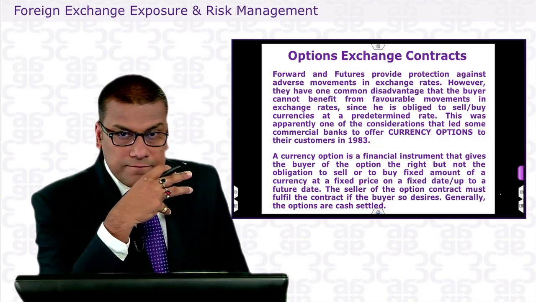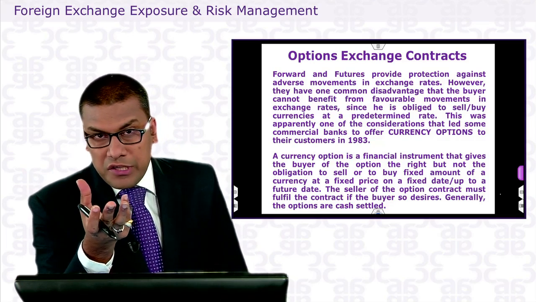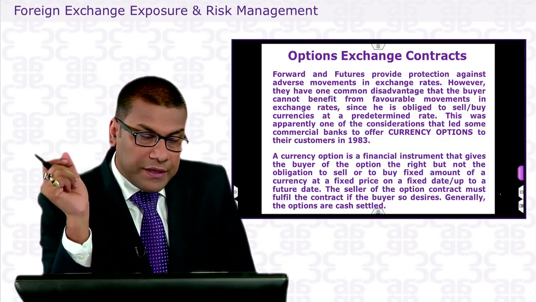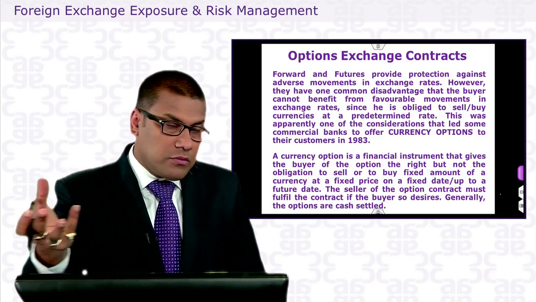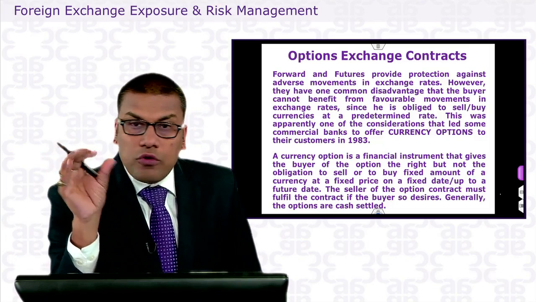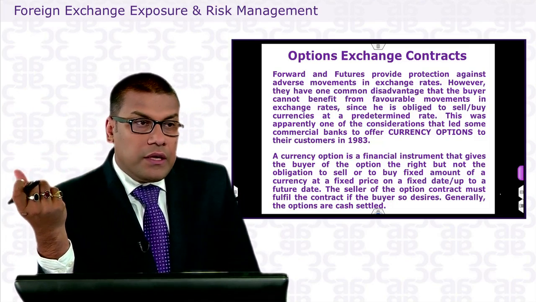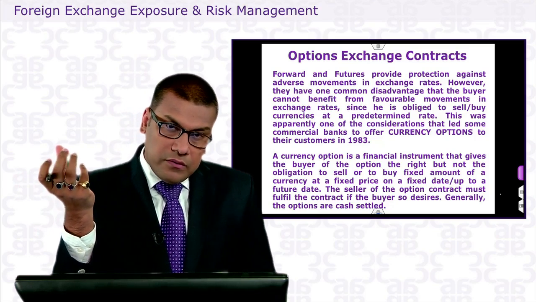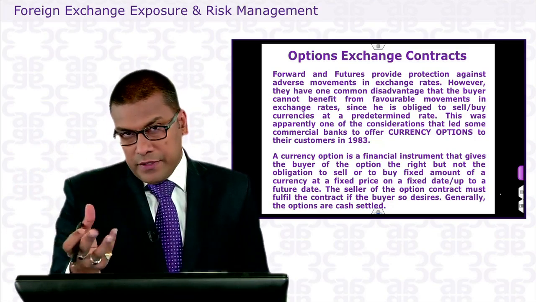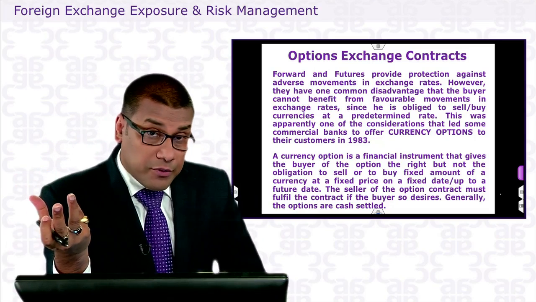The only thing that we're talking of is that if you are an export customer, you are expecting some payment to happen in 3 months time, and you want to protect your risk, so you took up a forward or futures contract. Now if it goes otherwise, there is no benefit. So predominantly while hedging you don't get benefit because of adverse movement.